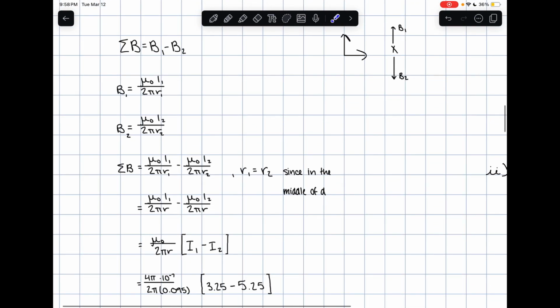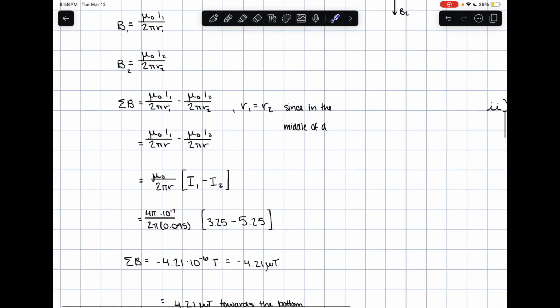Then we can use all of our givens. So we're going to plug in I1, we're going to plug in I2. We're going to use half of the distance from 0.19 meters, and we're going to use the constant mu naught. After we plug them all in, we're going to get that net B is equal to negative 4.21 times 10 to the negative 6 teslas, or negative 4.21 microteslas.